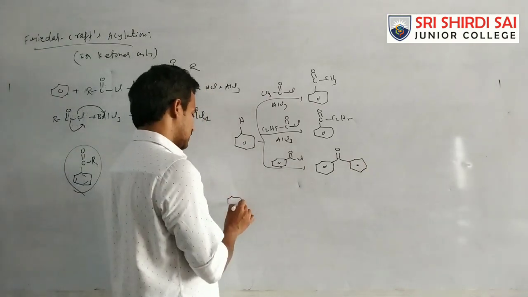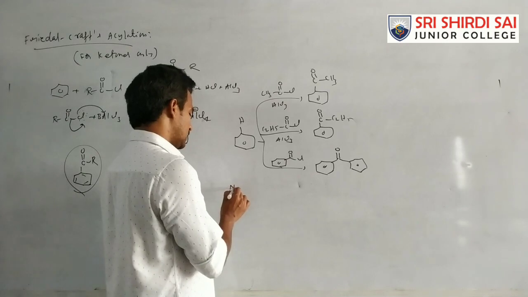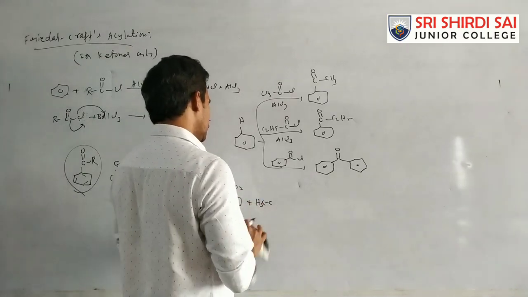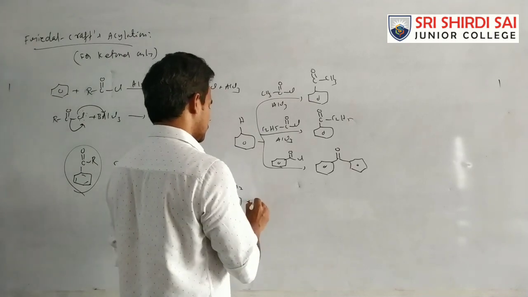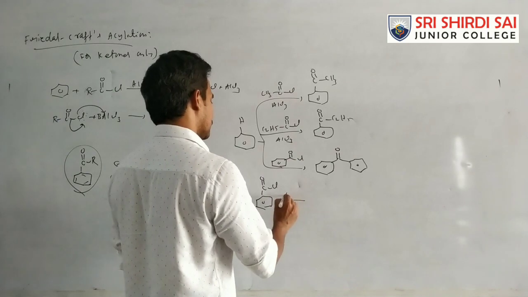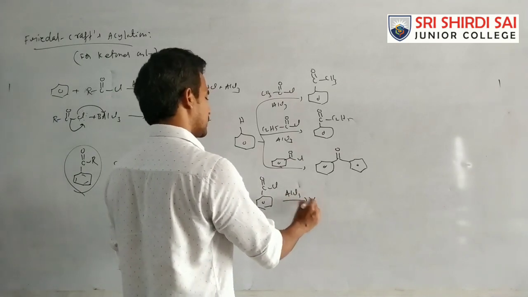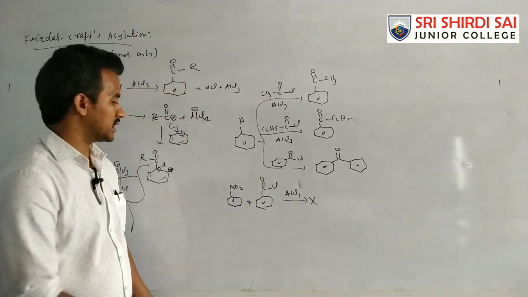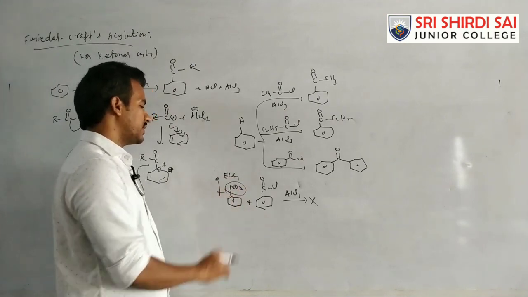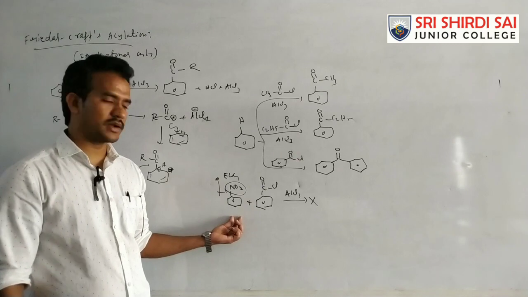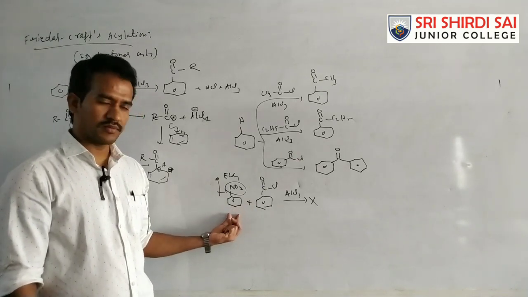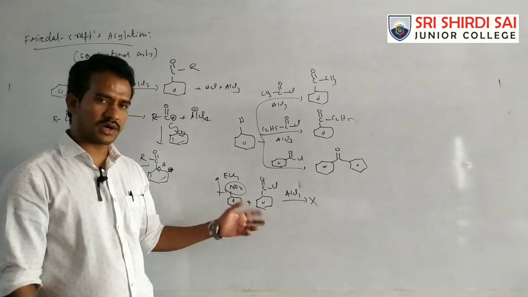So generally in this case, nitrobenzene with acid chloride and AlCl3, no reaction, because NO2 is electron withdrawing. An electron withdrawing group deactivates the benzene ring and decreases the electron density on the benzene. So substitution on the benzene ring in nitrobenzene is not possible.